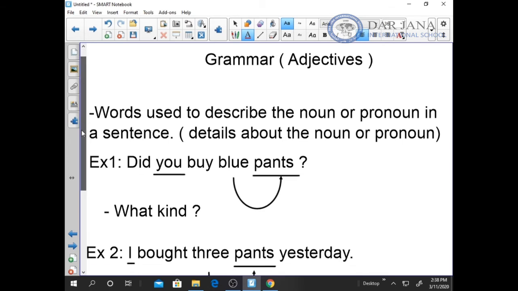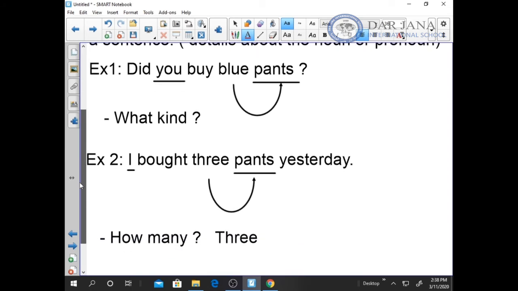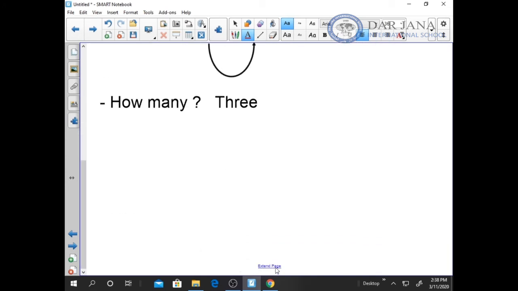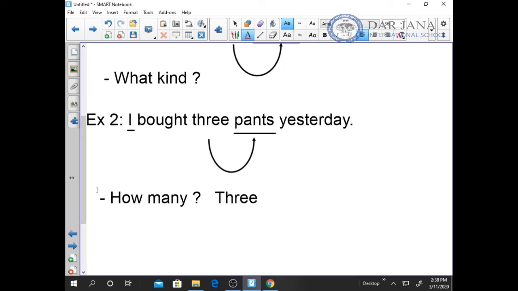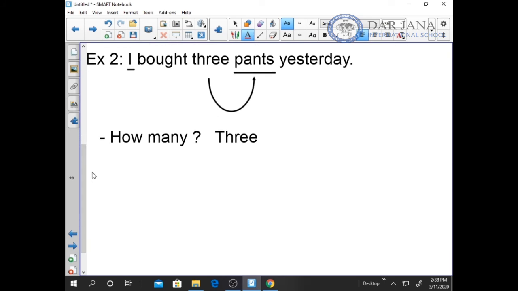The first question we talked about is that an adjective answers the question what kind, and the second question it answers is how many. Now we will move forward to the third example. In the third example, we will tell what is the question, the third question answered by an adjective.